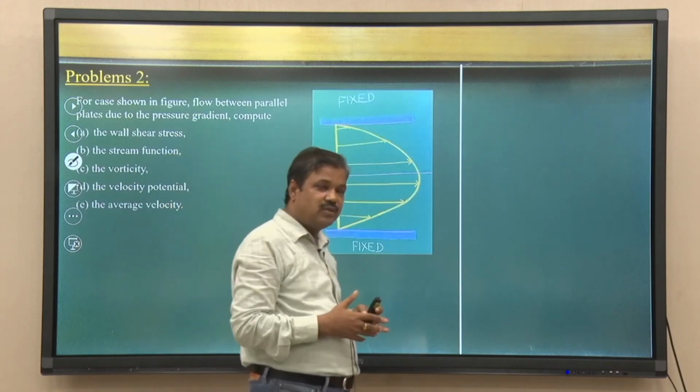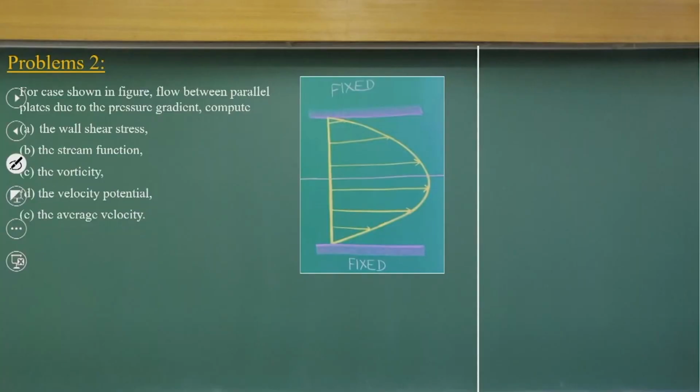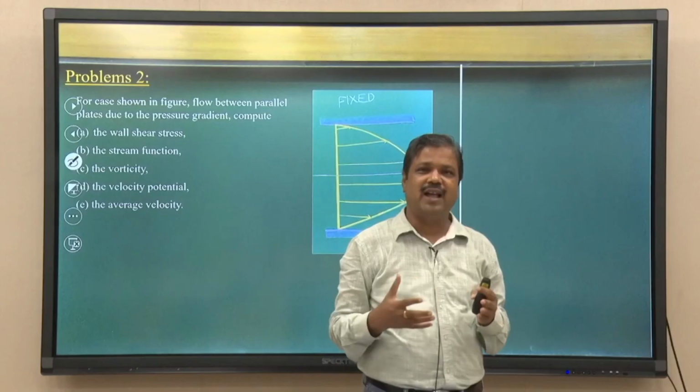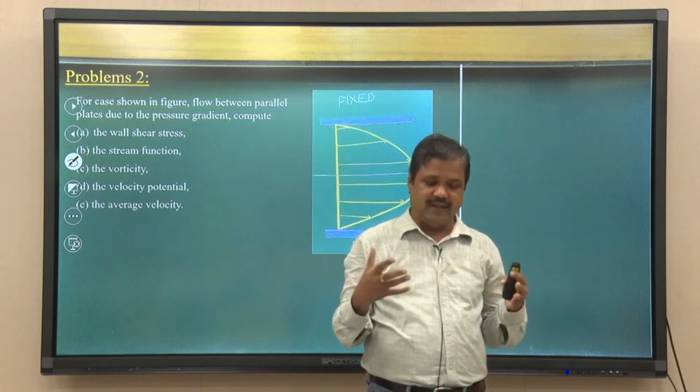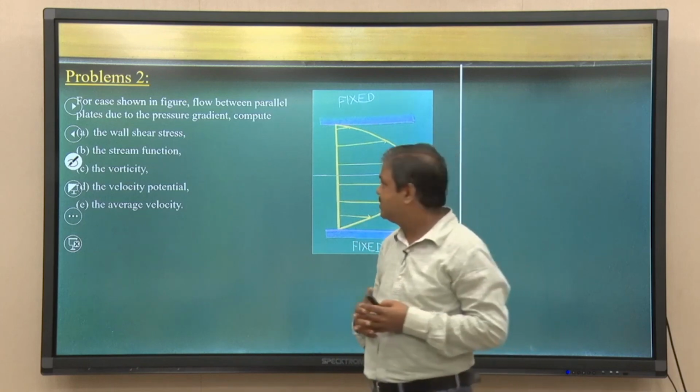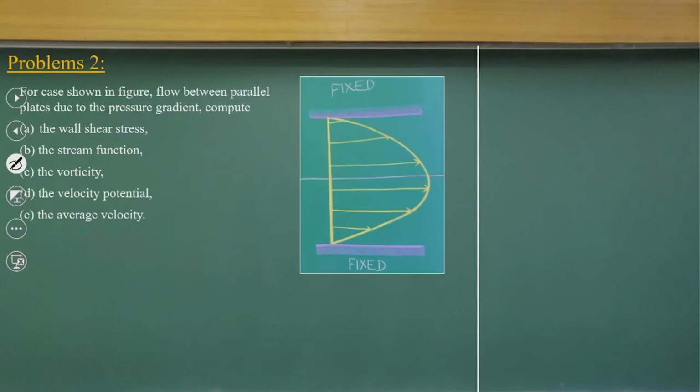Now, the second problem, just to demonstrate: we do not require only the velocity field and pressure field. Many times we need to know the wall shear stress, stream function, vorticity, velocity potential and average velocity for a particular flow field.